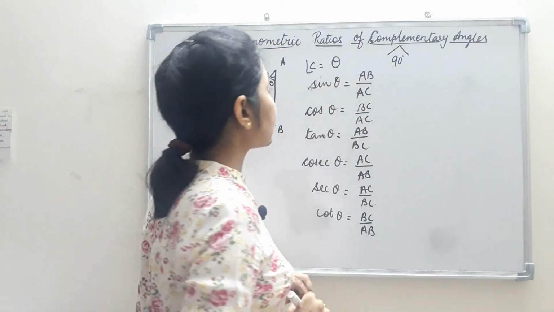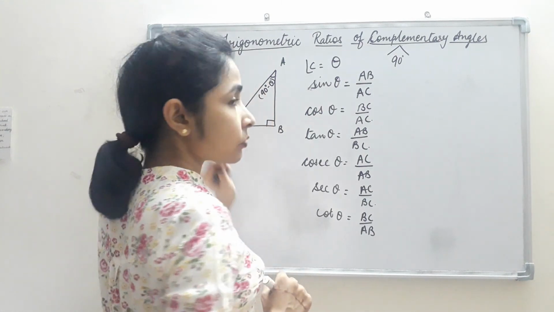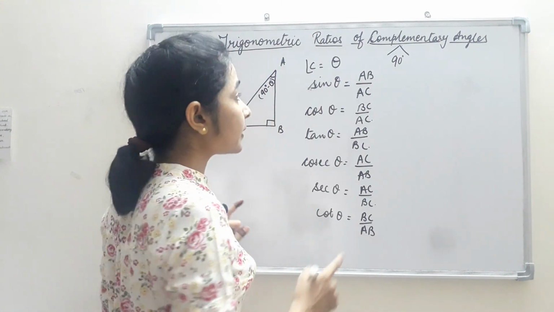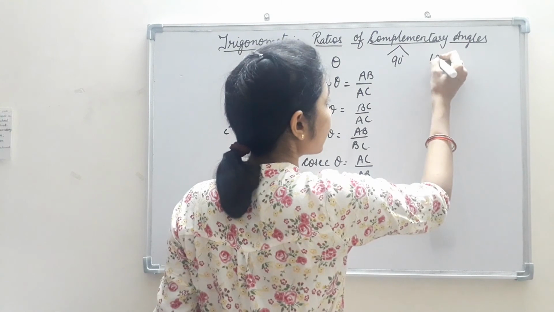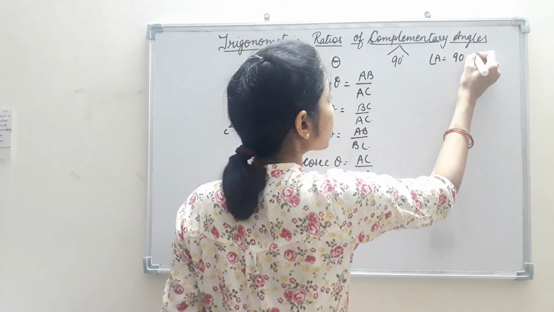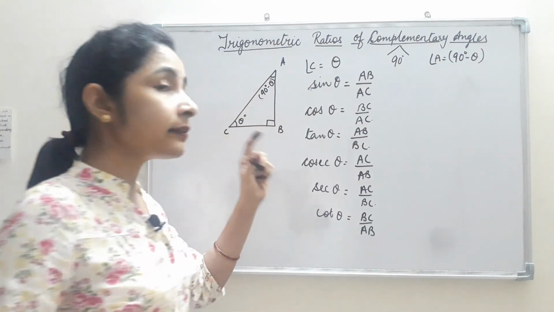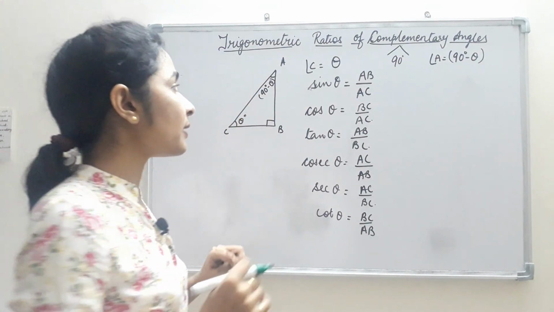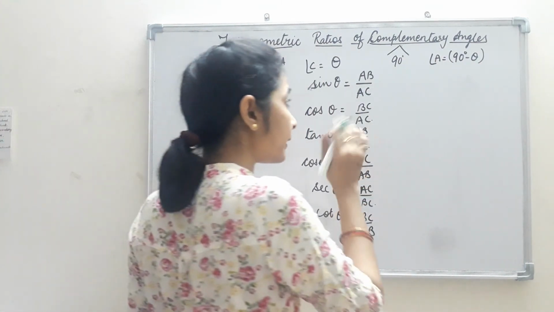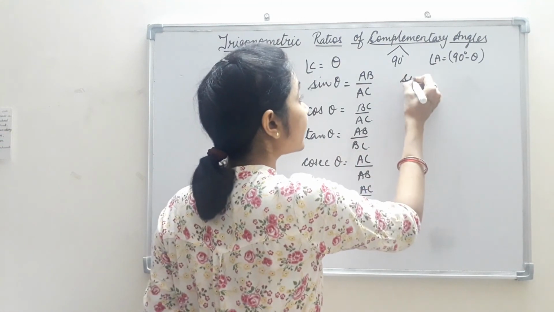Now the next thing, we also have angle A here. If we consider the ratios for angle A, which is equal to 90 minus theta, then what will be the values of sine 90 minus theta and cos 90 minus theta? Let us see here. We will find out sine 90 minus theta.